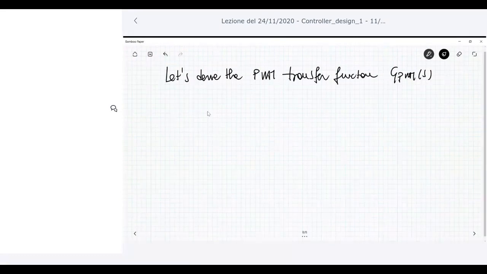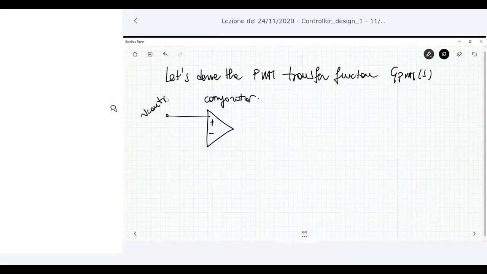The basic operational principle of this modulator is this one. We have a comparator. Okay, this comparator has an input which is connected to the control voltage, so the voltage that exits from the compensator block.